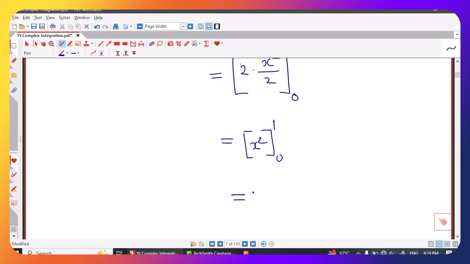If we put x equal to 1, we have 1 square minus 0 square and we have 1.